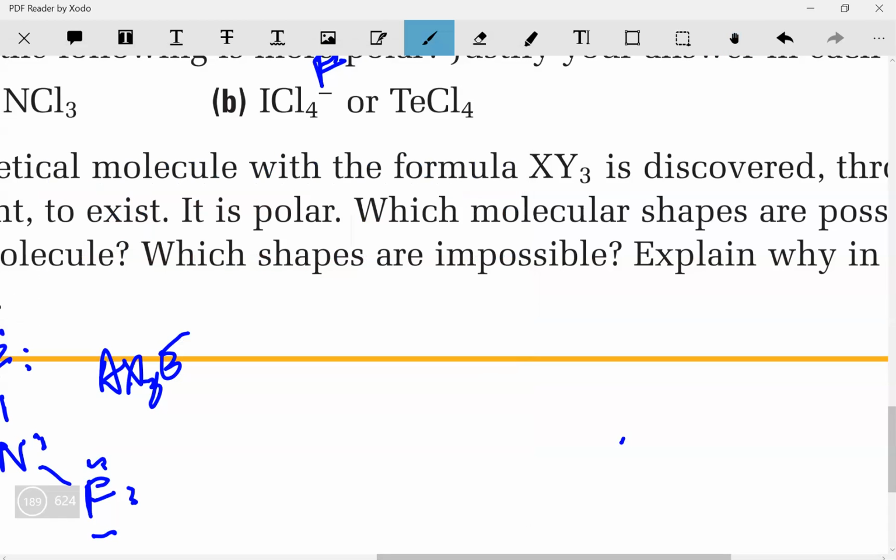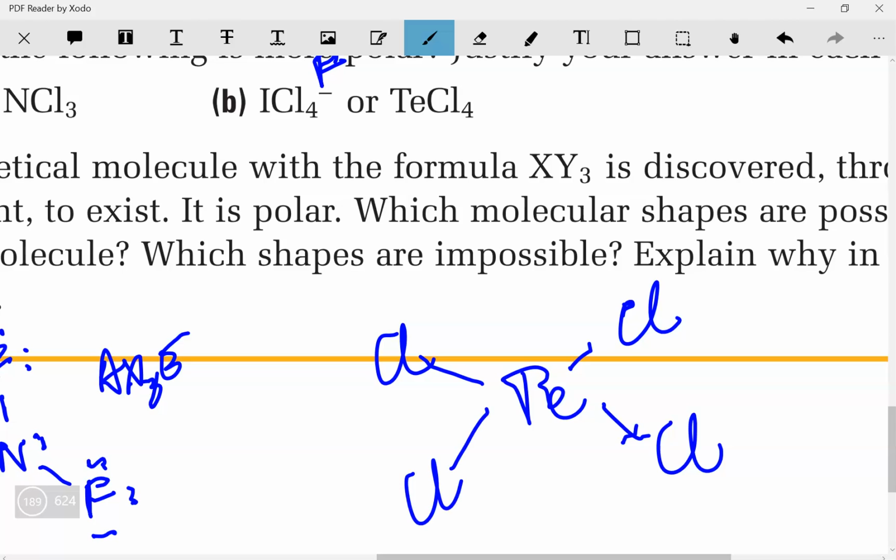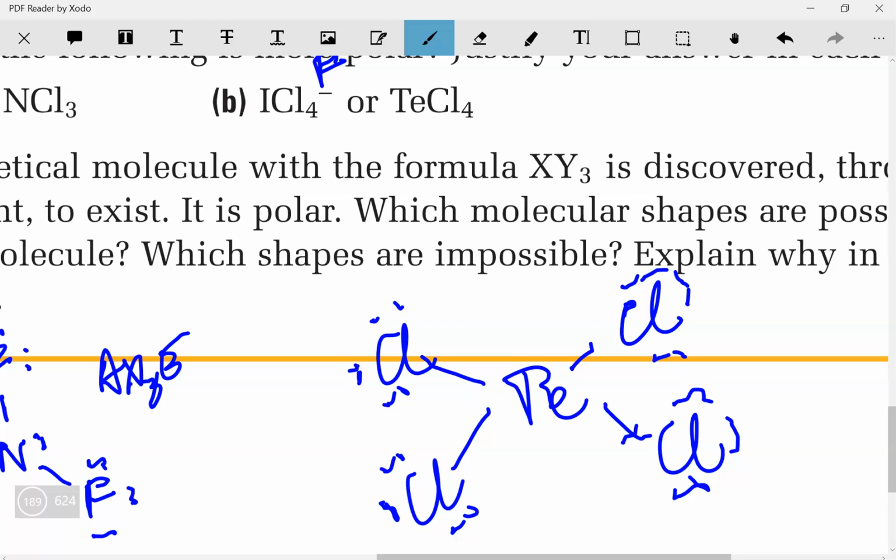It's under sulfur, so that's 6. 6 plus 28 is 34. 8, 9, 10, 11, 12, 13, 14, 15, 16, 17, 18, 19, 20, 21, 22, 23, 24, 25, 26, 27, 28, 29, 30, 31, 32, 33, 34. This will be seesaw shape, AX4E. It will be polar.